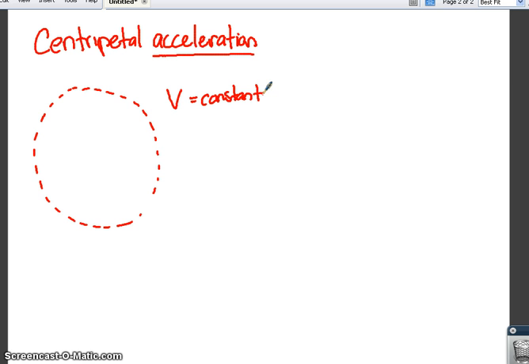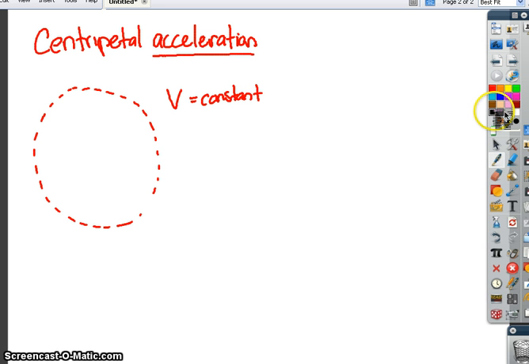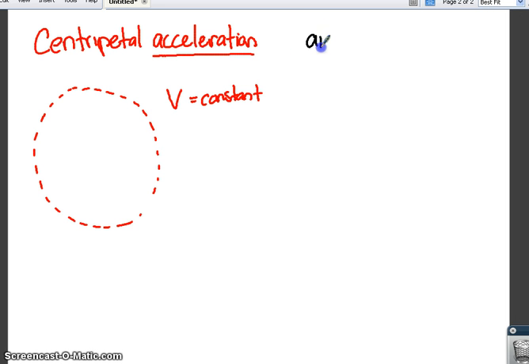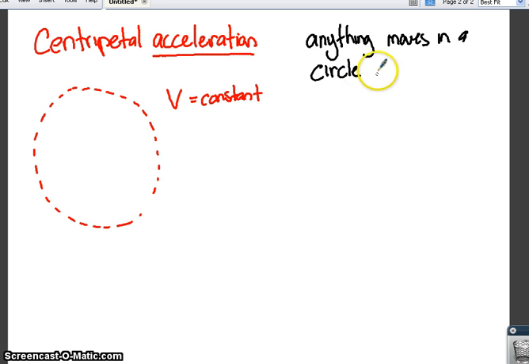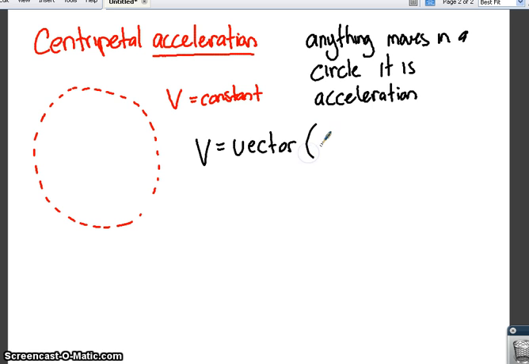The reality is, anytime anything moves in a circle, it is accelerating. Because remember, velocity is a vector, and every vector has two components: magnitude and direction.